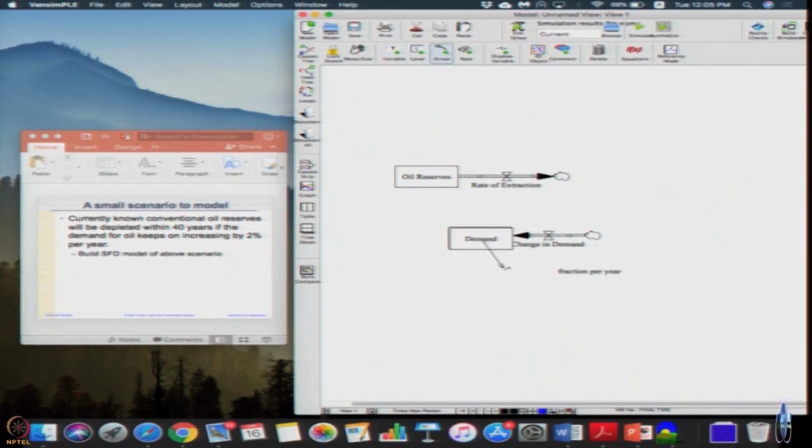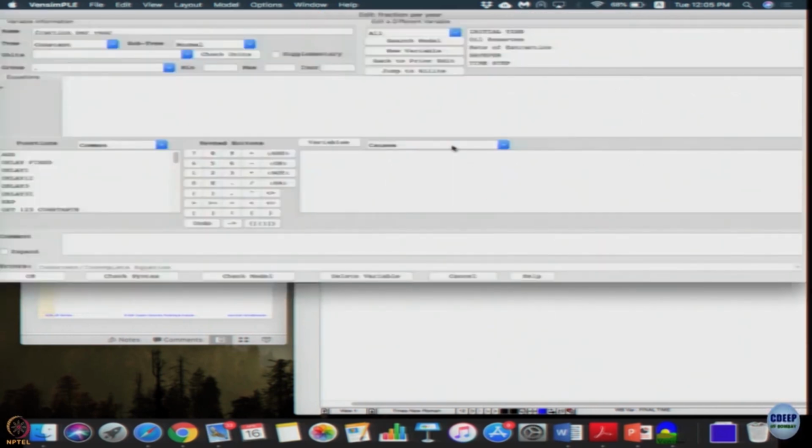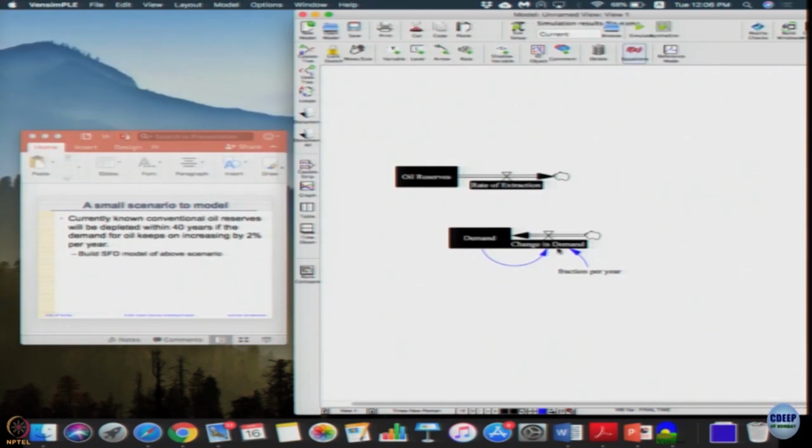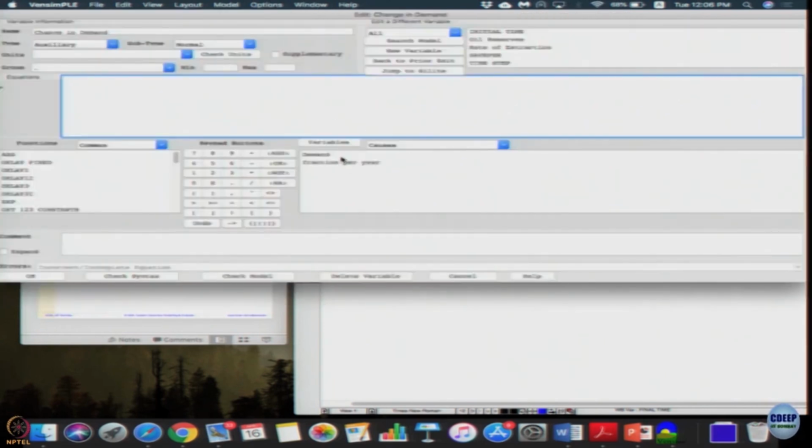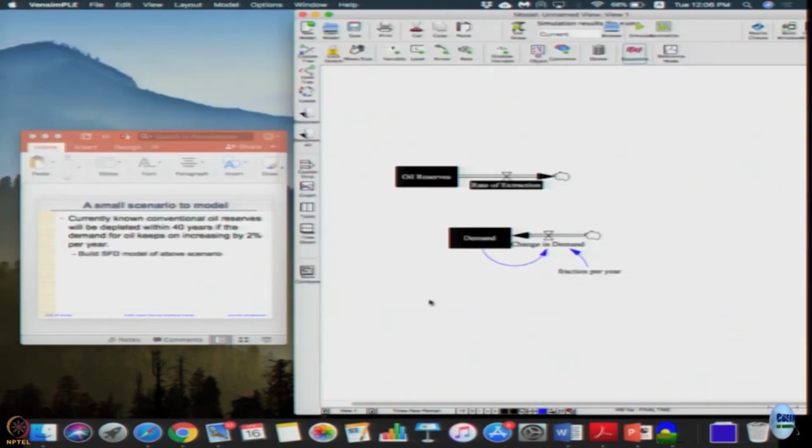The way we know how to model it is we can give the fraction per year as 2%, 0.02. Change in demand is 2% of the demand. I just multiply these two. Now, you got change in demand, which is going to increase, right.